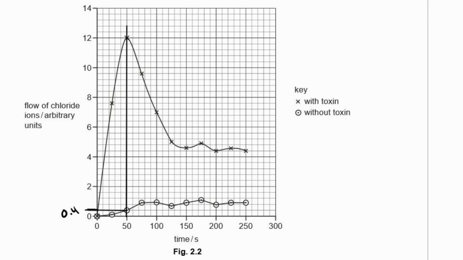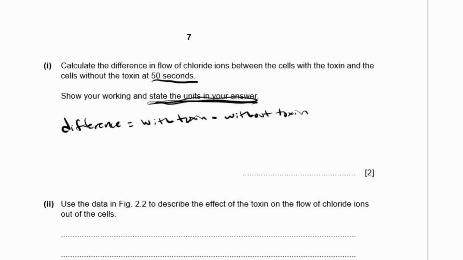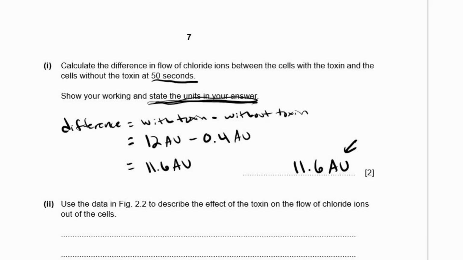Okay, and with the toxin, it's at 12. All right. As we said, the units are arbitrary units. Okay, so with toxin, that is 12 arbitrary units. Without the toxin, 0.4 arbitrary units. That means that the difference is 11.6 arbitrary units. So 11.6 arbitrary units. You've included the units in your answer.